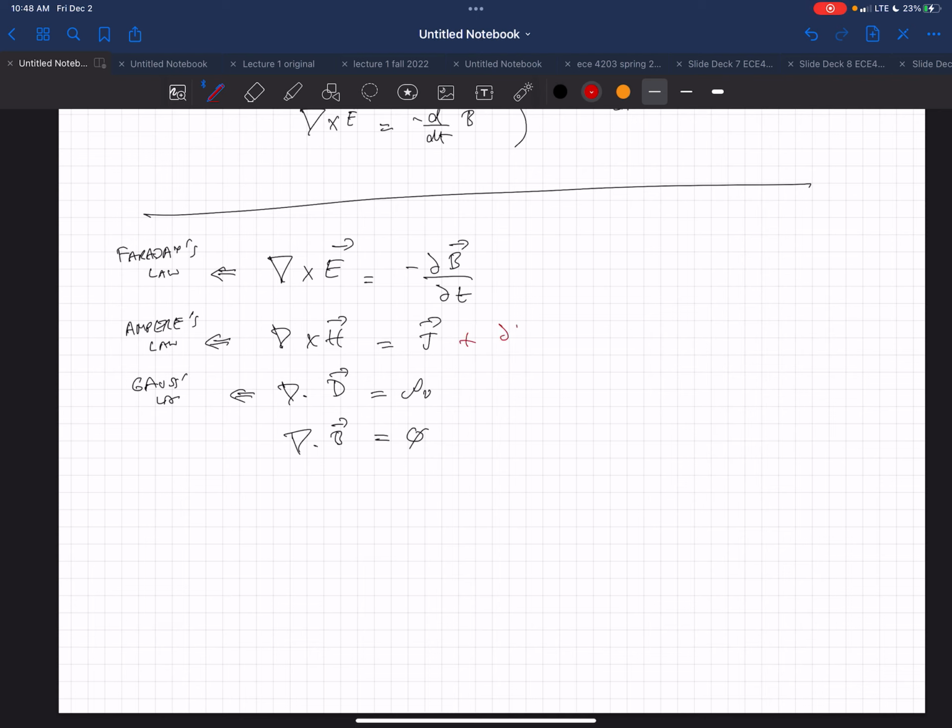This was his addition. He noticed that if you had a changing electric field, that would also create a magnetic field.